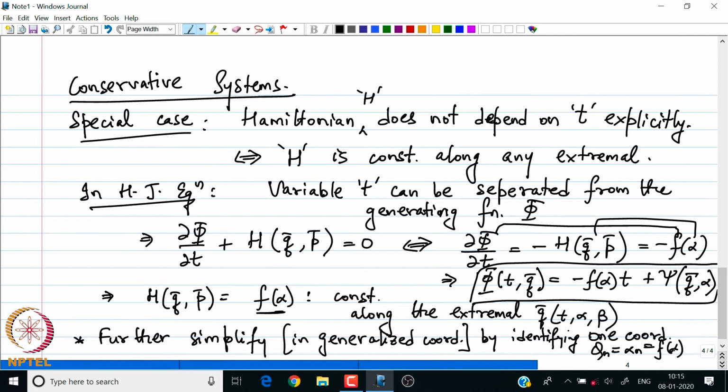So, we identify one of the coordinates to be f of alpha, the constant itself, right.